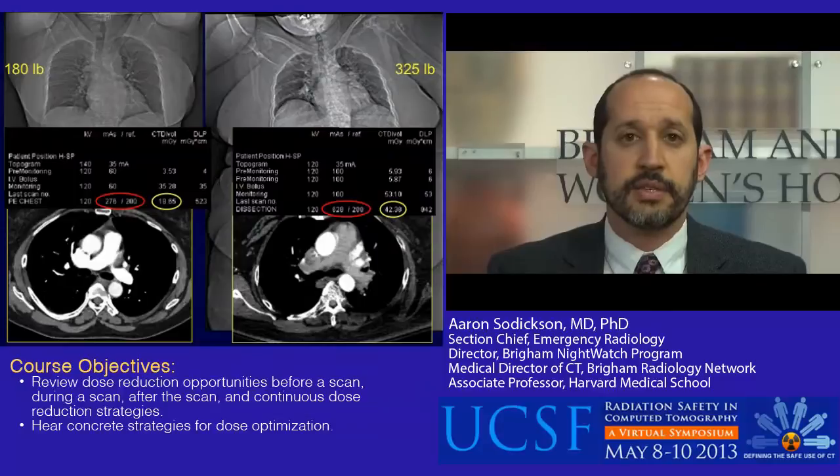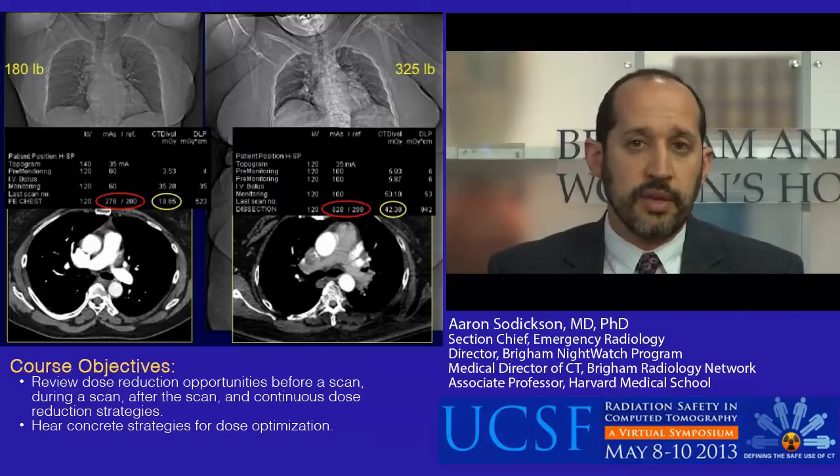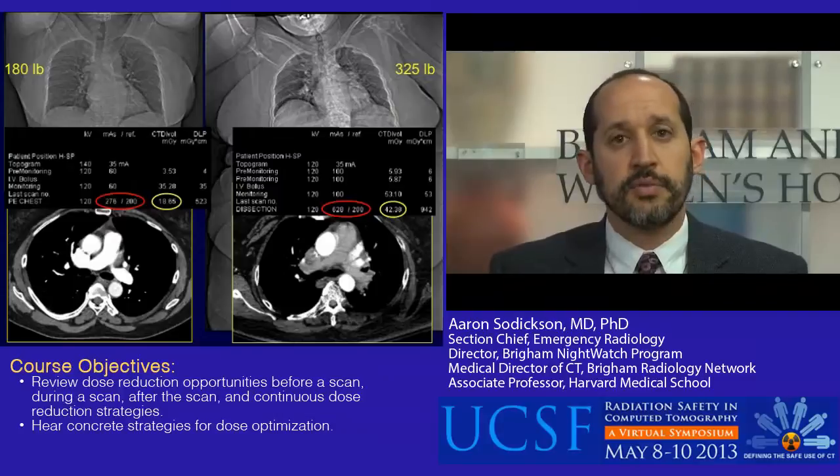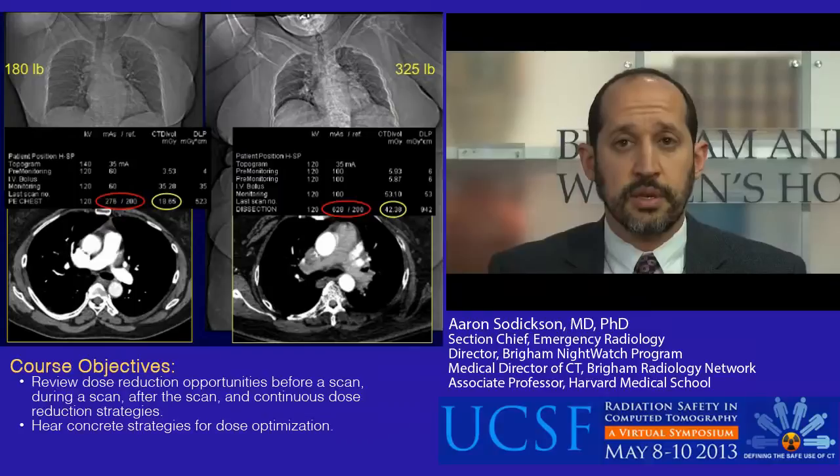Here's an example of tube current modulation at play. Here we have two different patients, clearly of very different sizes. And we're producing scans here with identical technique, the only difference being the phase of IV contrast timing for this PE versus dissection study. But you notice by looking at the soft tissues that the amount of image noise we're looking at here is quite comparable between the two patients.